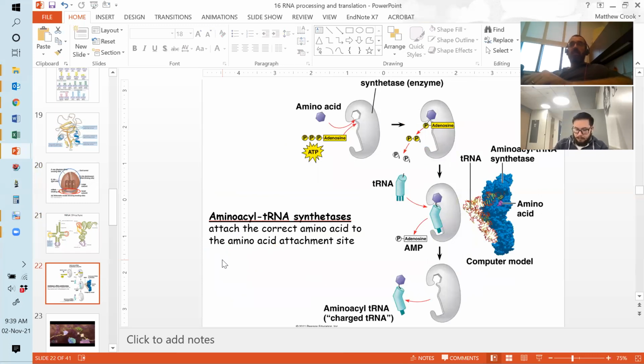And it recognizes the amino acid very specifically, right? So there's one synthetase per amino acid, essentially. And it also recognizes the anticodon on the tRNA, right? So this is like the matchmaker. It is very specific for one amino acid and very specific for a tRNA. So it will only bring those 2 things together. So the correct tRNA gets the correct amino acid added to it.